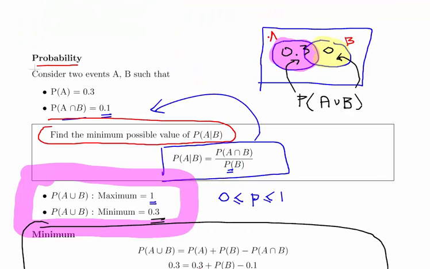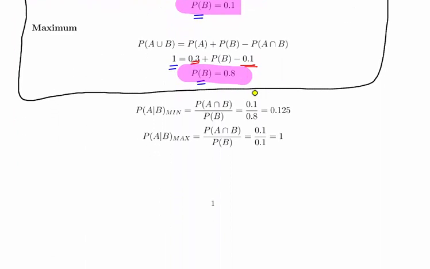Just to remark again here, the probability of A intersection B is a constant, so that is 0.1 in both cases.